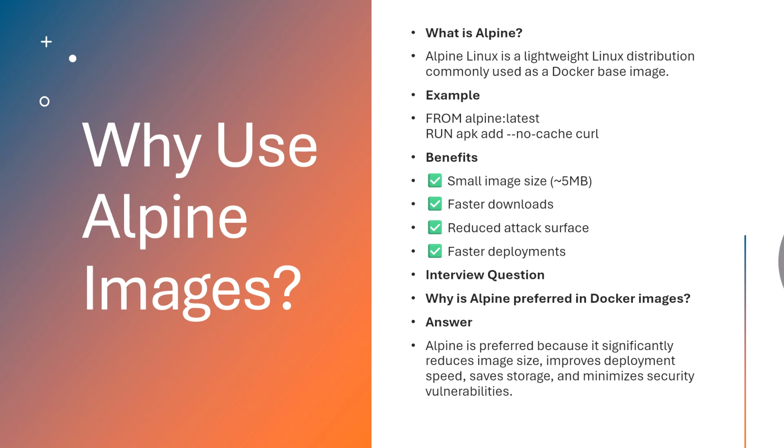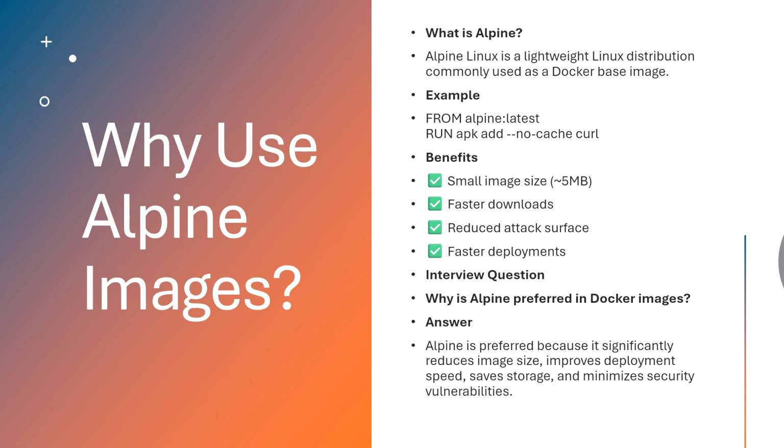Now, why do organizations prefer Alpine? There are four major reasons for that. First of all, the images are extremely small, around 5 MB. Because the images are smaller, they can be downloaded faster, and smaller images also reduce storage cost.